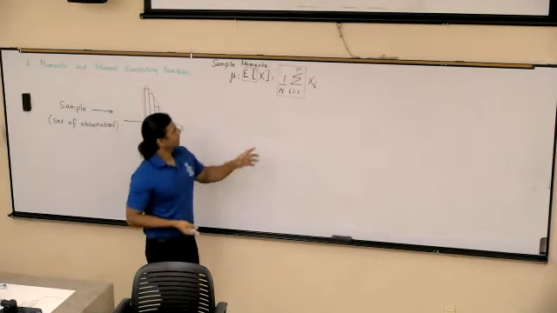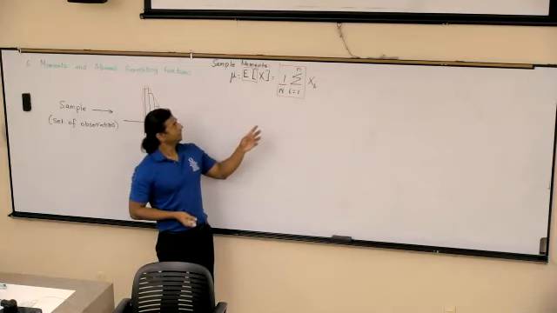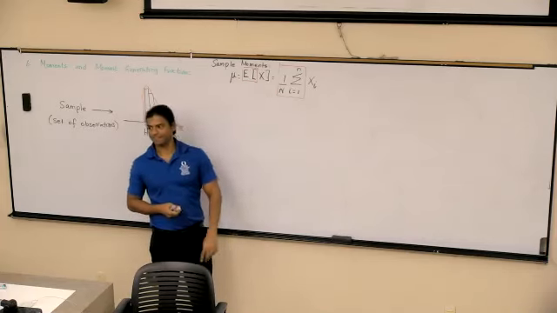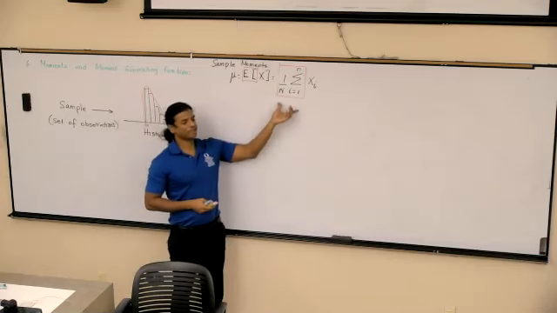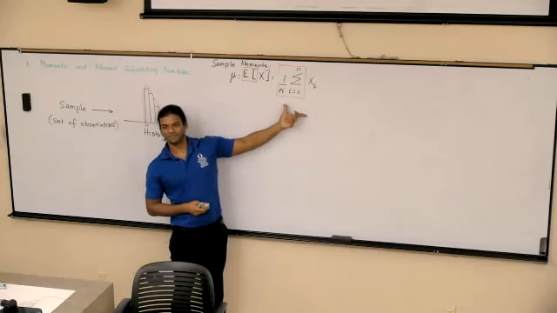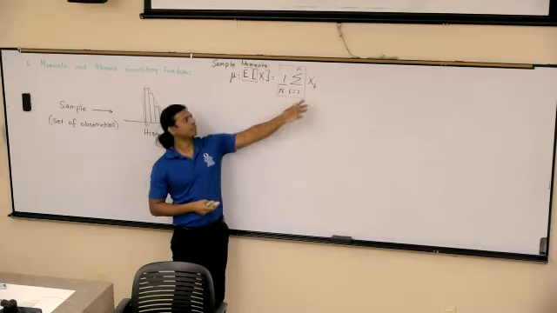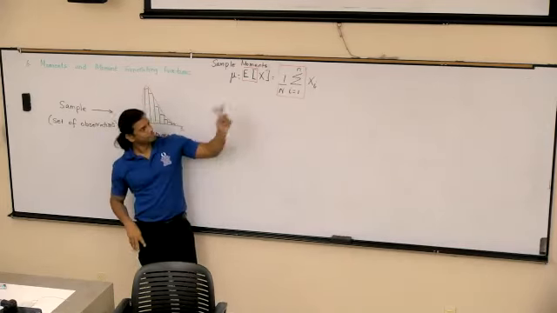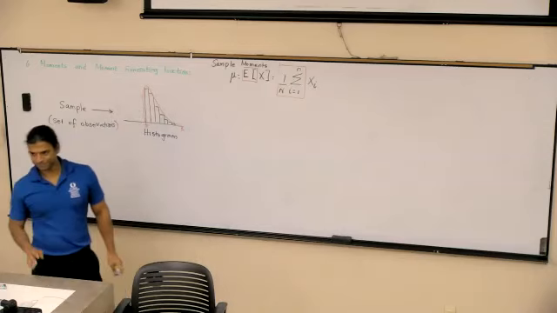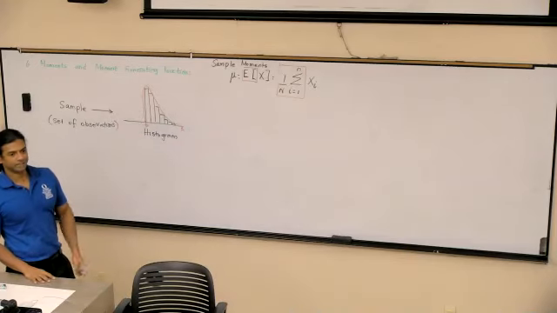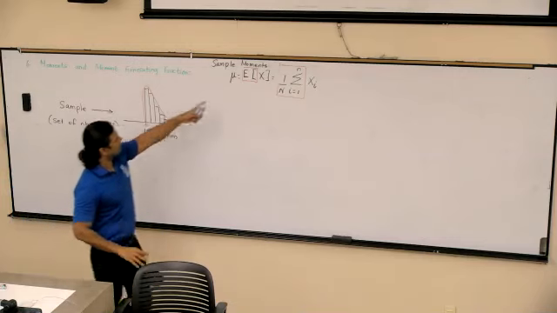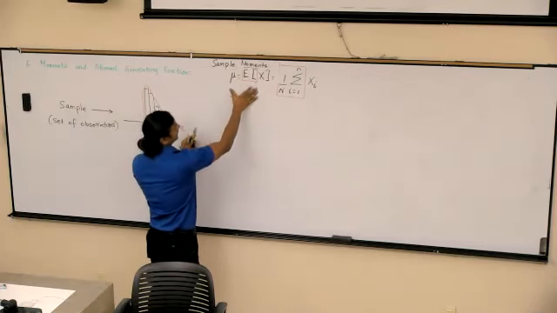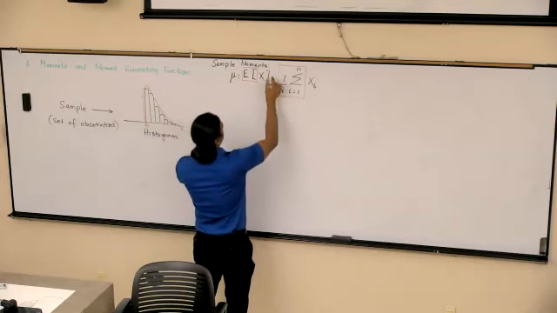Well, how about this? X and the closed bracket would turn to Xi. Okay. So what did I do? Xi's are the observations in the sample. What did I do? I simply got the average, right? So this is no longer the actual mu.